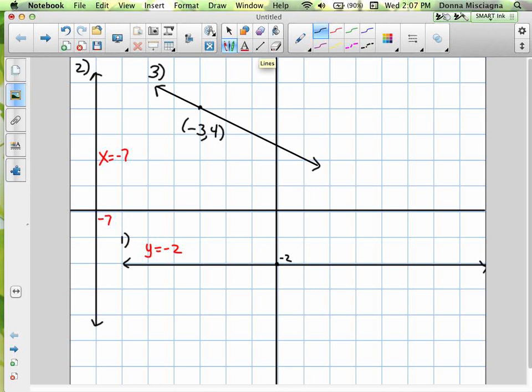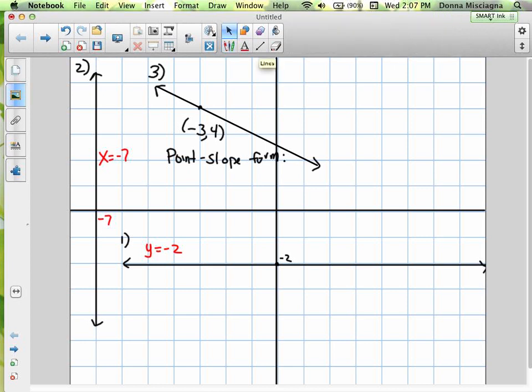So the easiest thing for me to do is to write it in point-slope form and then simplify it. Now it's clear that my line does not go through a nice integer value on the y-axis. So I definitely wouldn't want to try to estimate what that point would be in slope-intercept form.